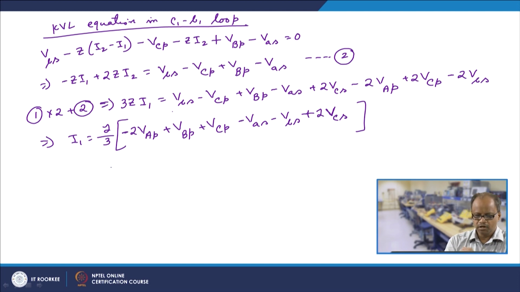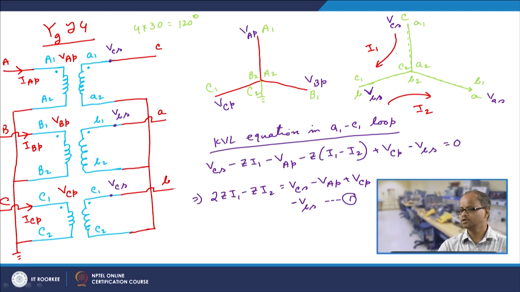So similarly we can write down the I2. Similarly I2 can be solved. Once we solve for I1 and I2, then from here I can say that ICS is equal to I1.